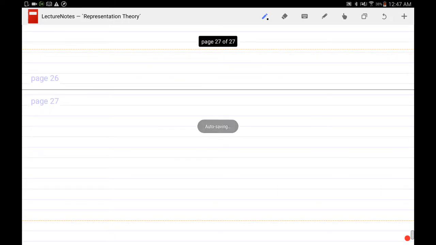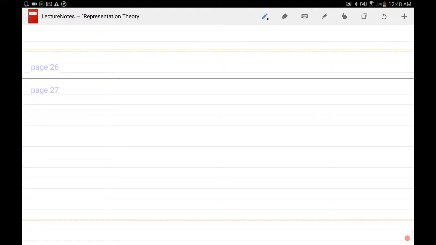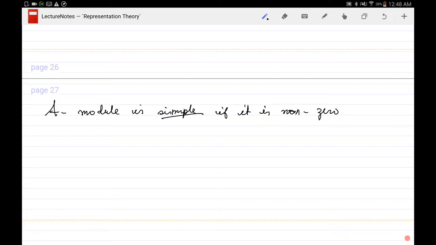And we can also define what we mean by a simple module. An A module is simple if it is non-zero and has no non-zero proper submodules.